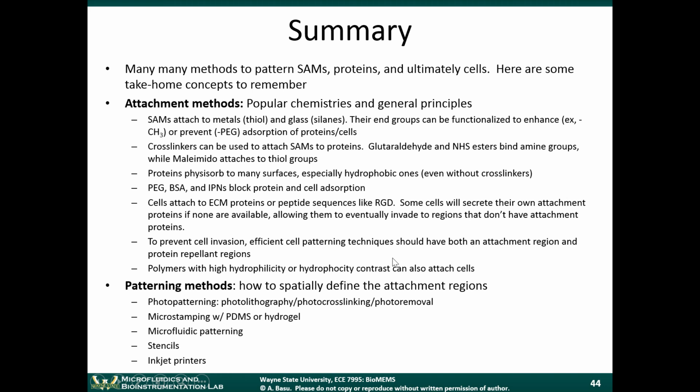To prevent invasion, efficient patterning techniques should have both an attachment region and a protein repellent region. Okay, you notice that a lot of the techniques we talked about earlier, they did two patterning steps. One was for a protein enhancing, absorption enhancing region, and one was a repellent region. That gives you better contrast for the cells to specifically adhere to the attachment regions.